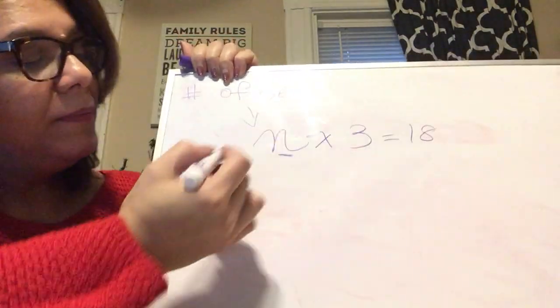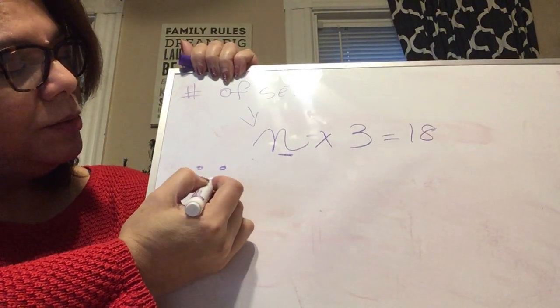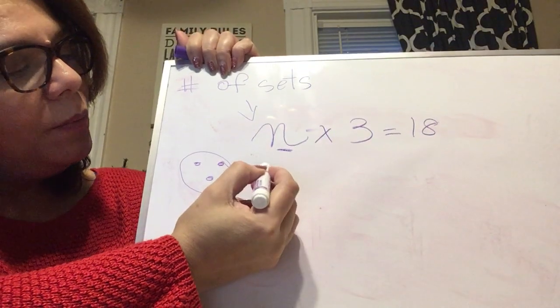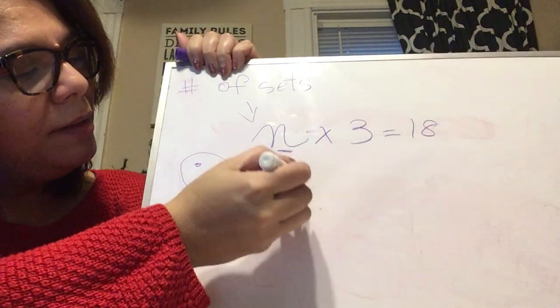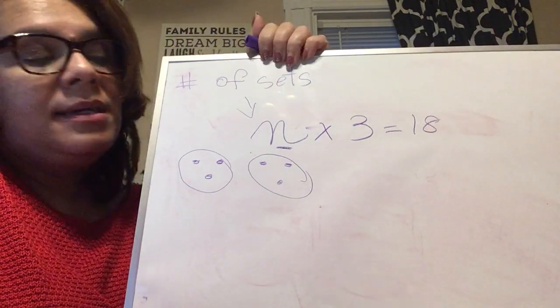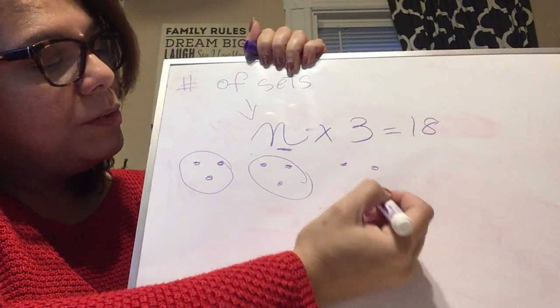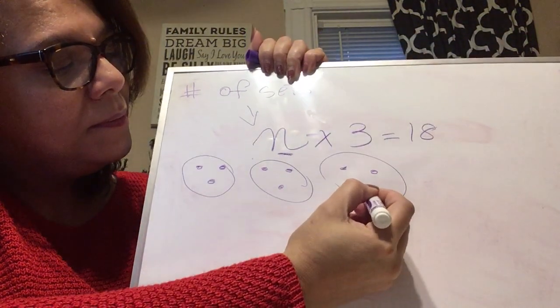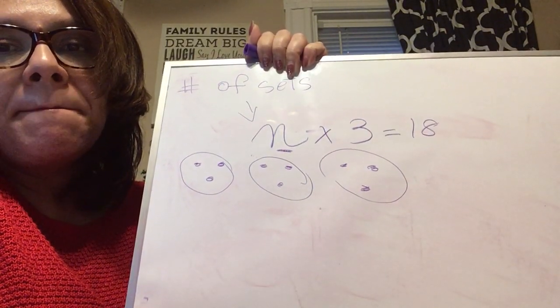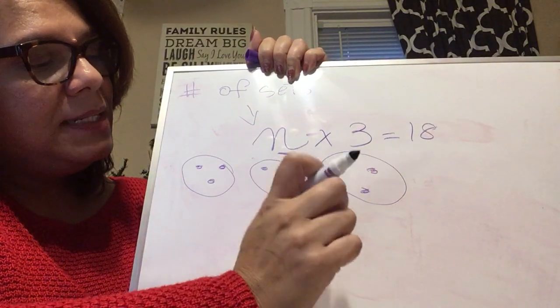Let's get started. 1, 2, 3. Let's make that a set. 1, 2, 3. Is that 18? No, that's only 6. Let's keep going. 1, 2, 3. Is that 18 yet? No. 3, 6, 9.